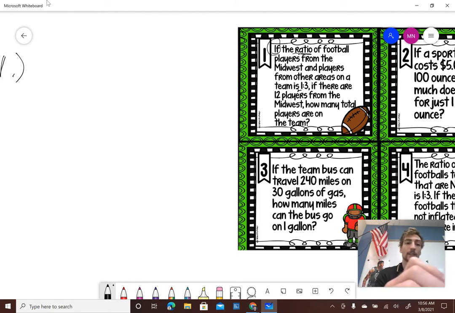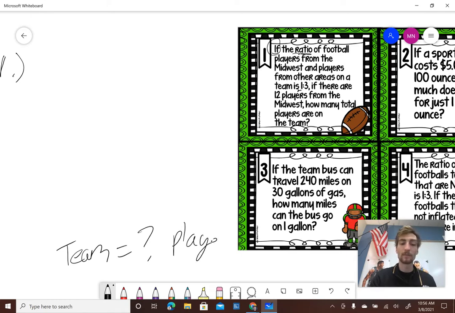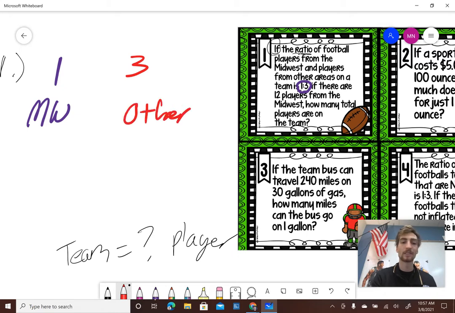All right, so imagine we got this whole team of players. I'm trying to figure out how many players are on the team. Well, here we're going to set up a ratio to help us figure this out. And that ratio we're looking at is 1 to 3. Now, the 1 represents players from the Midwest, and the 3 represents players from other areas. And this could be the north, south, east, west, whatever it may be.